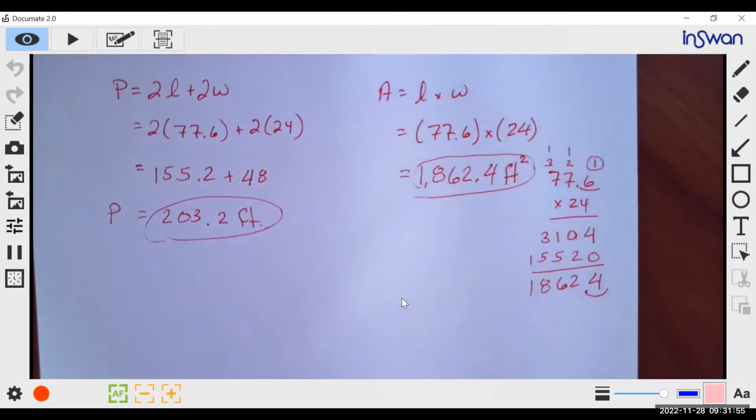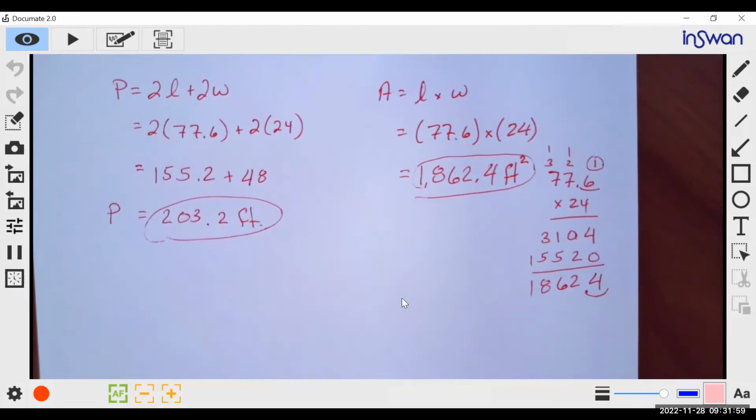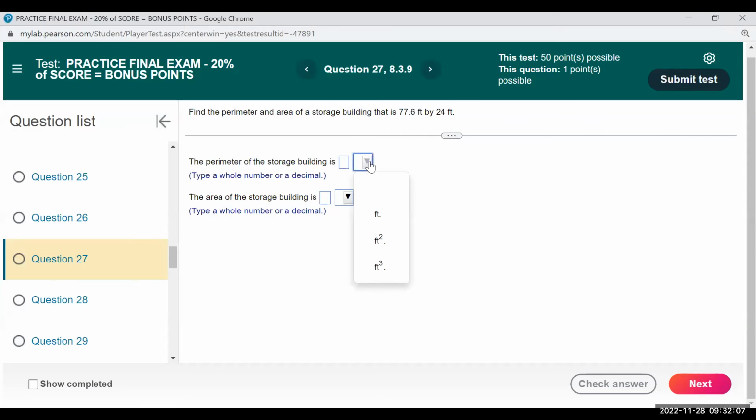The multiplication and addition is easy. It's the units that they're interested in. The perimeter is in feet and the area is in feet squared.